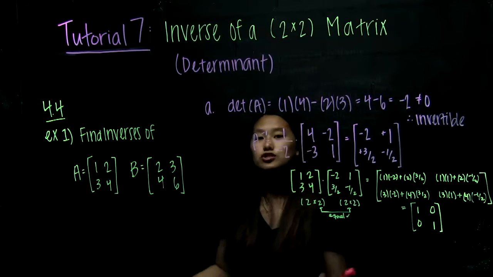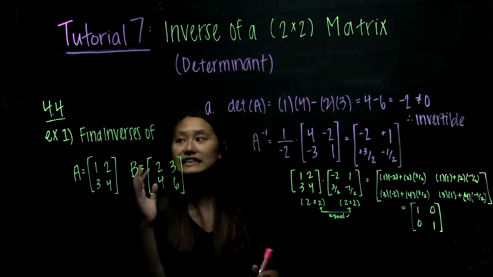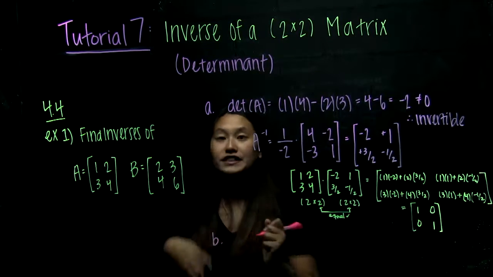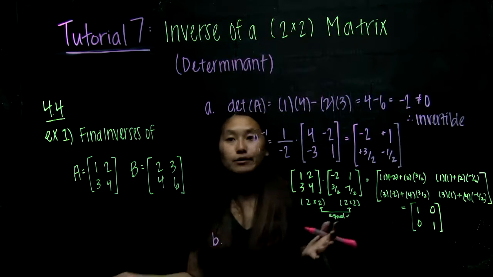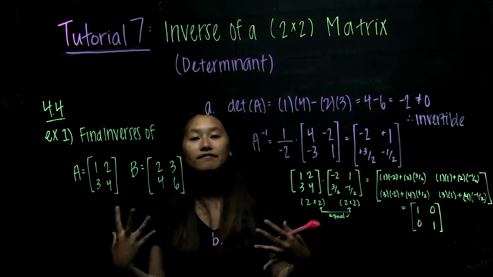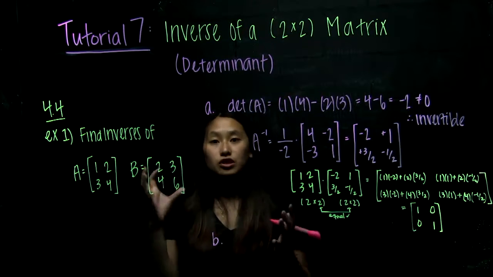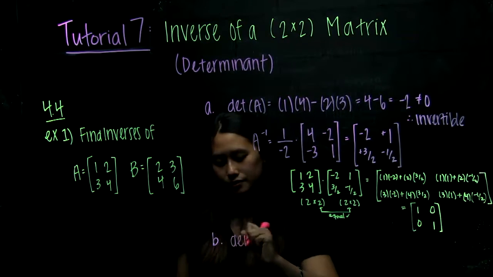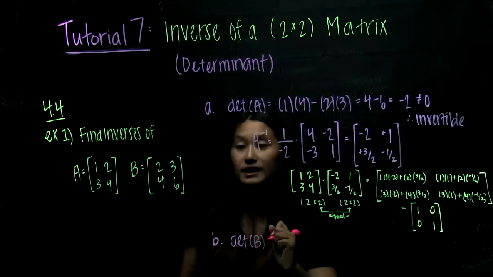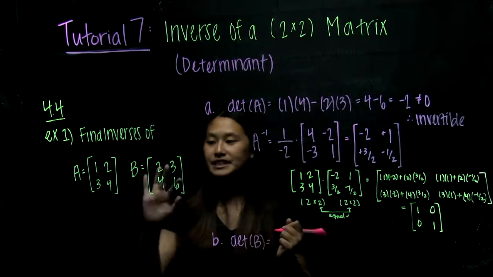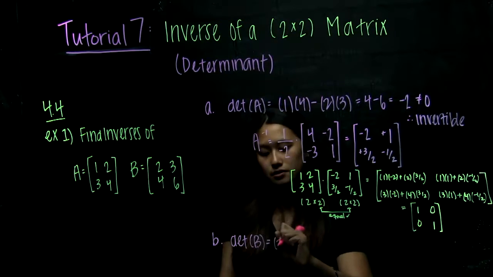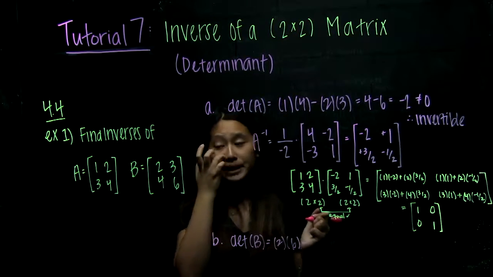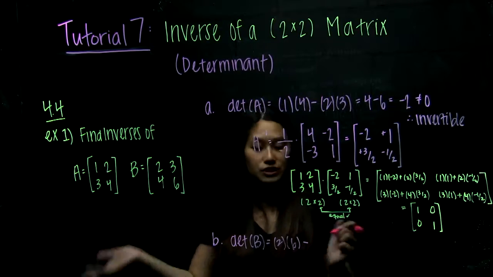Now I'll move on to part B of this problem, where it asks us to find the inverse of matrix B. As we know, with the first part A that we've been through, we need to find the determinant of matrix B to determine whether or not it's invertible. So the determinant of B is equal to A times D, which is 2 times 6, minus B times C, which is 3 times 4.